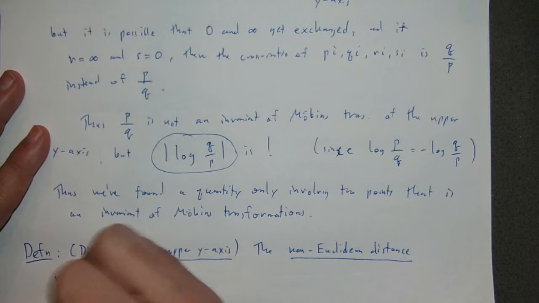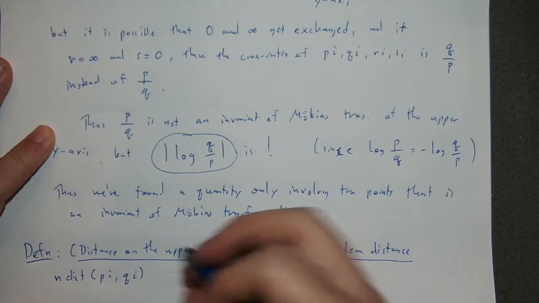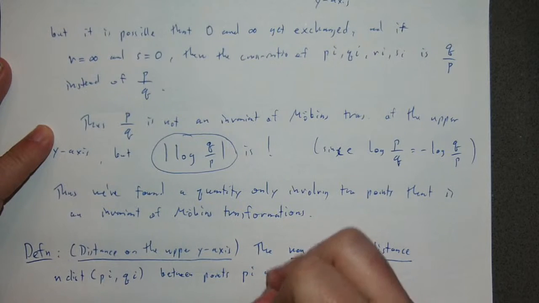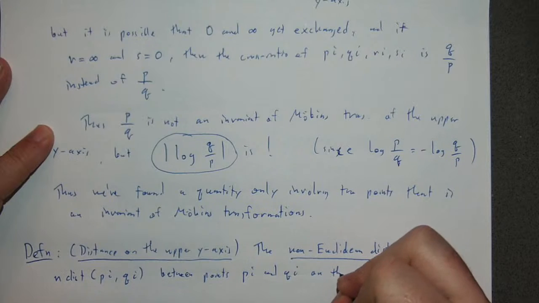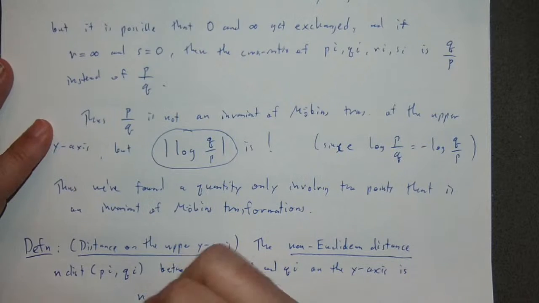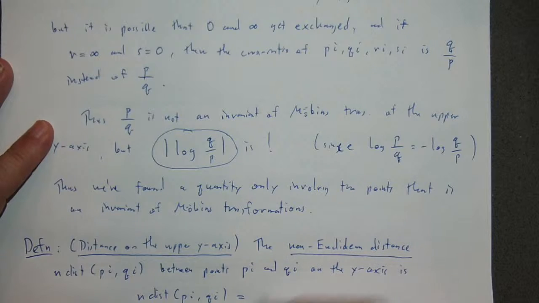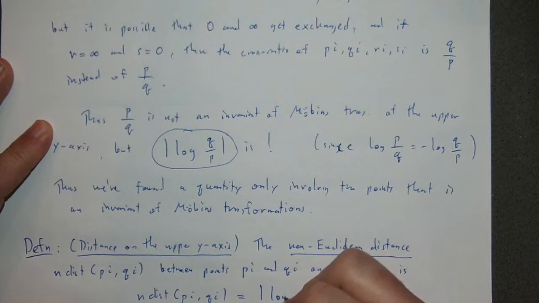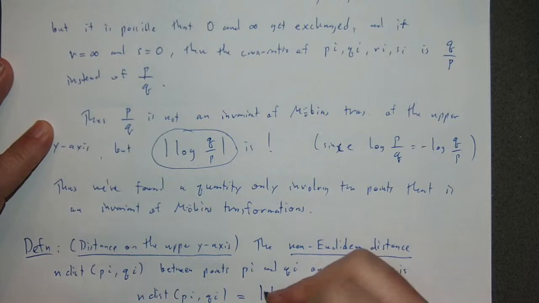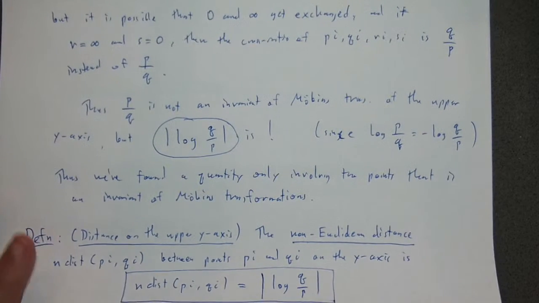So indist pi qi between points pi and qi on the y-axis is the absolute value of the log of q over p, or p over q, doesn't matter.